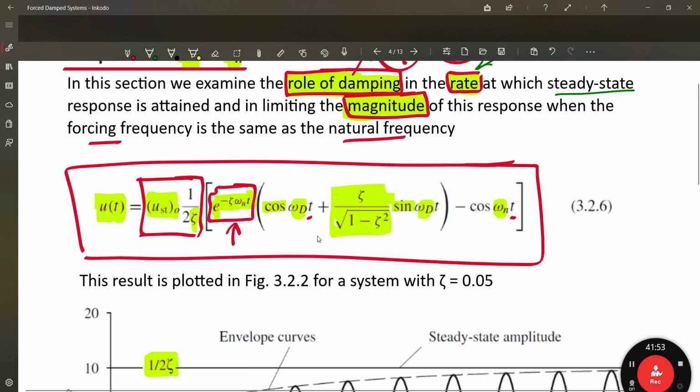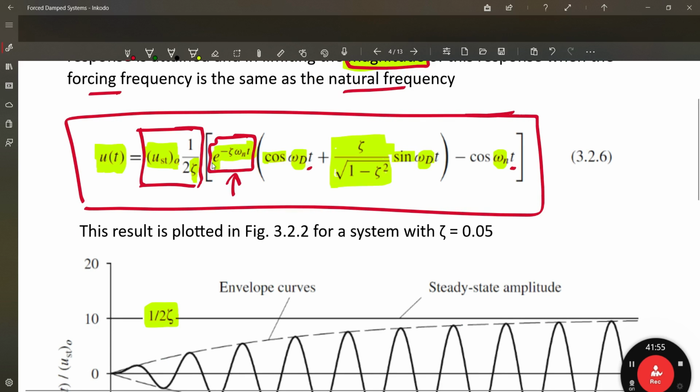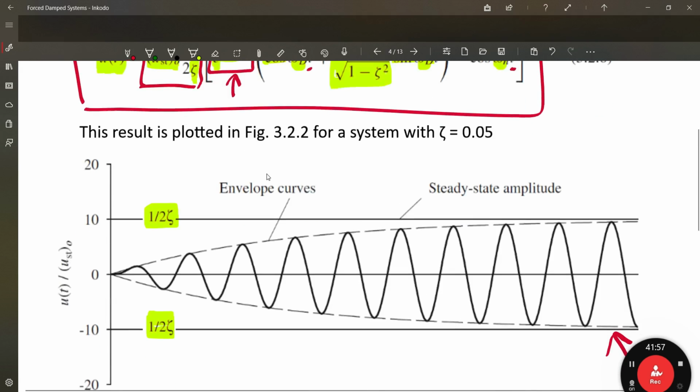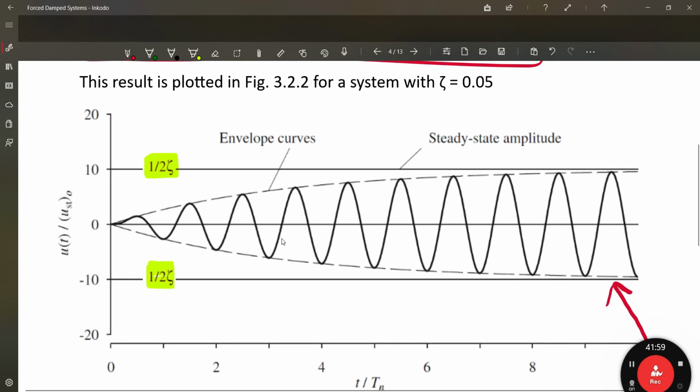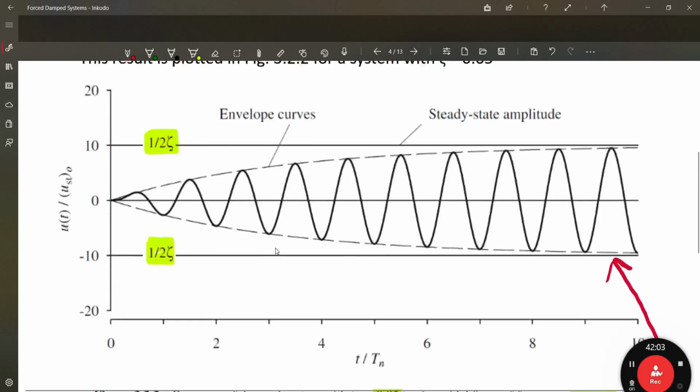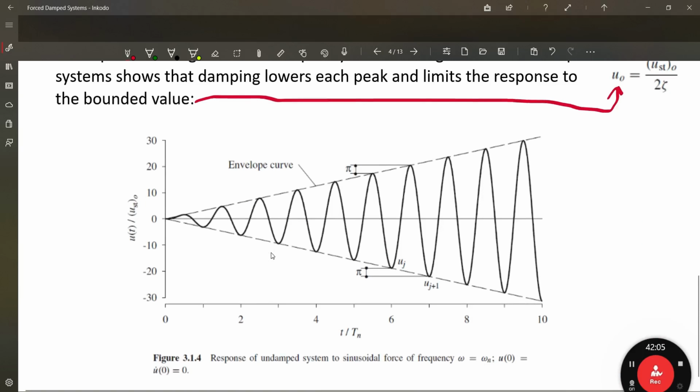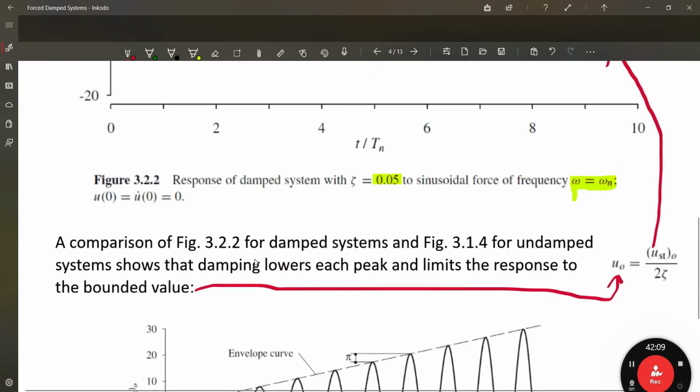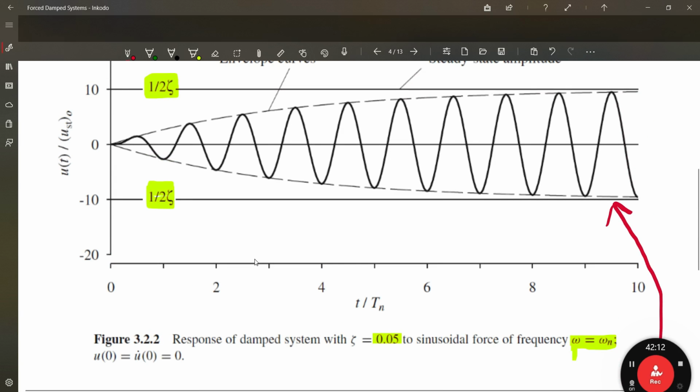Now let's plot what we have done here into a plot that we can understand well. I'm going to compare always with the response of the undamped system. So let me first highlight that we are in the damped system here.